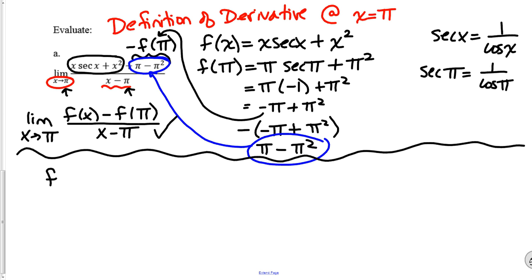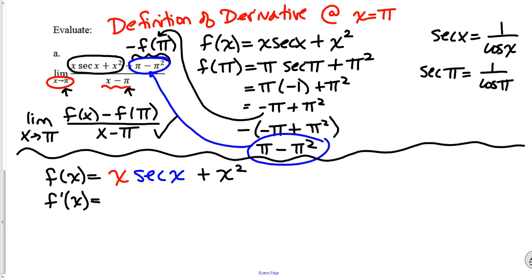So my function is x times secant x, and then I'm adding x squared. So I do have a product rule embedded in this. I do my first times the derivative of the second, and the derivative of secant is secant x tangent x.